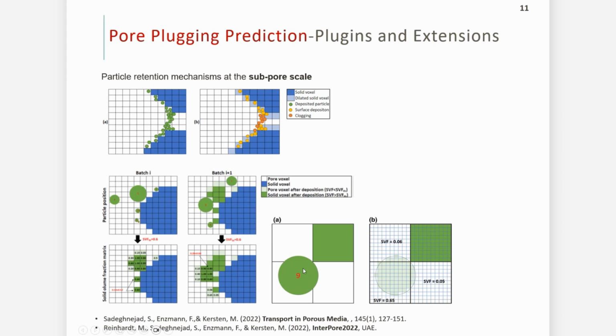We have a particle here which has been attached to the solid voxel, the green one, and the white ones are void voxels. Based on some geometrical properties, I can compute which fraction of each voxel has been occupied. For example, this voxel has been occupied 65%, but the other two 5 and 6%.